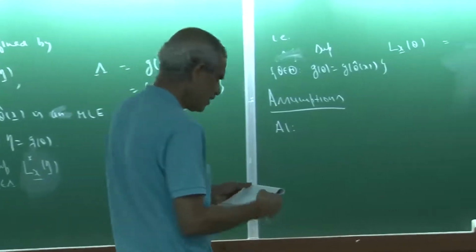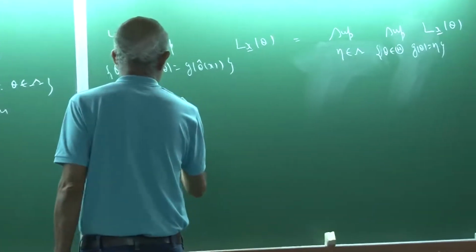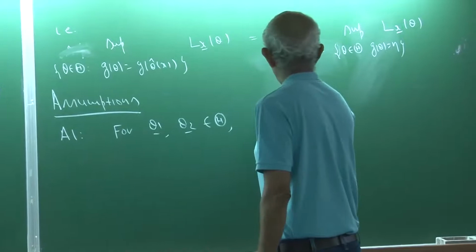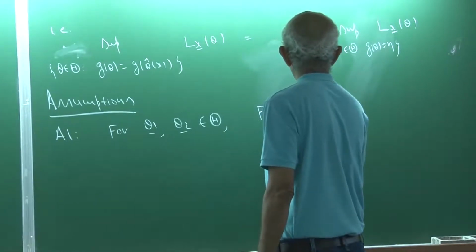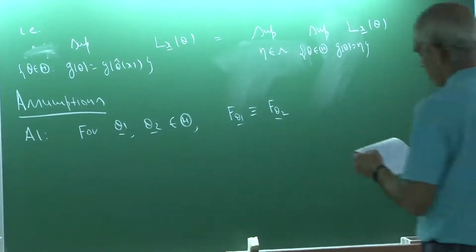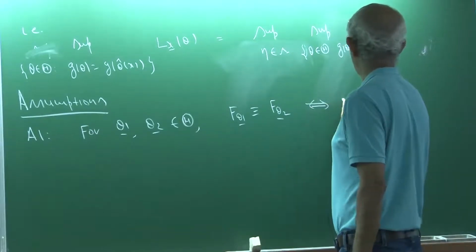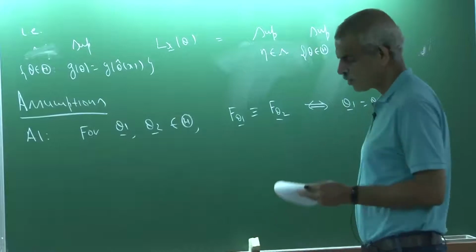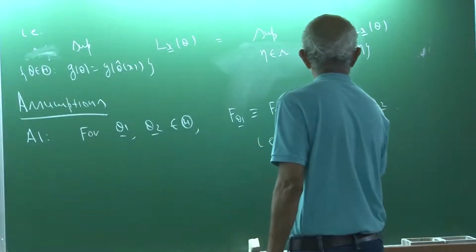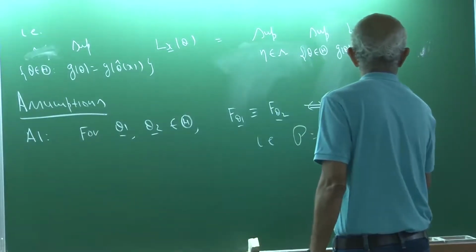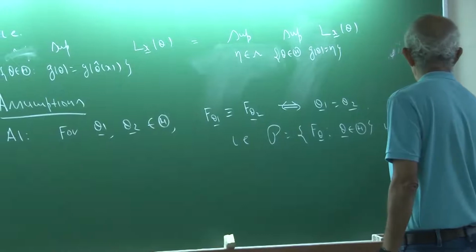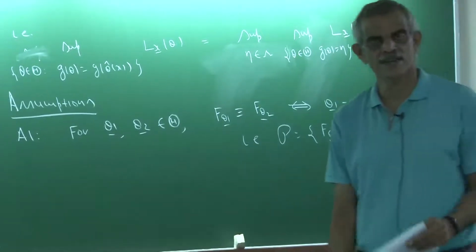For theta 1, theta 2 belonging to Theta, f theta 1 is identically the same as f theta 2 if and only if theta 1 is the same as theta 2. So my family P, which is f theta, theta belonging to Theta, is identifiable. Or in other words, my parameter theta is identifiable.